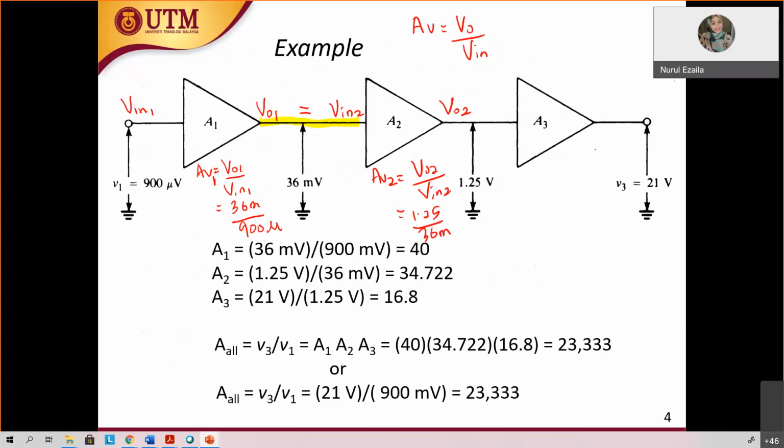And so on for stage 3: this is V in 3 and this is V out 3, so AV3 is V out 3 over V in 3, which is equal to 21 over 1.25. So what would be the overall?